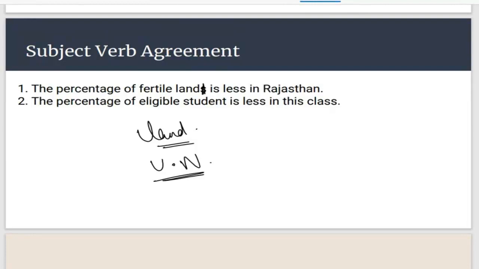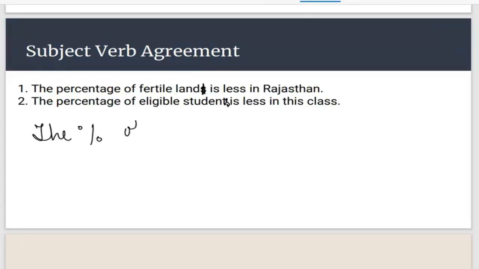Very good, guys. It should be the percentage of eligible students is less in this class. Okay. So basically, the rule says whenever the percentage of is used in a sentence, after that we can use an uncountable noun or a plural countable noun.